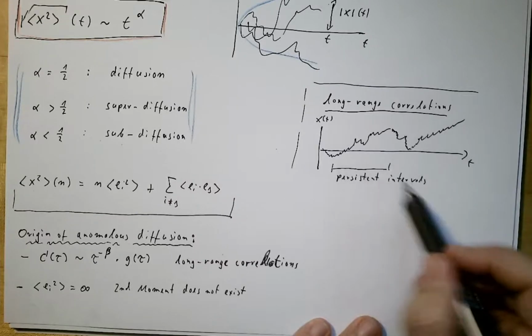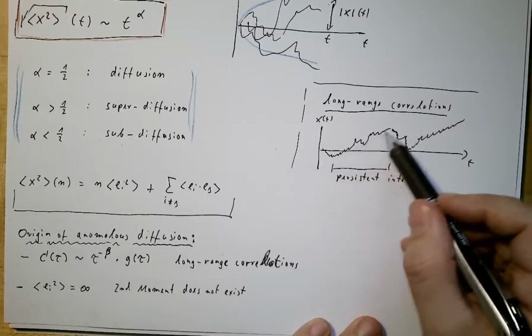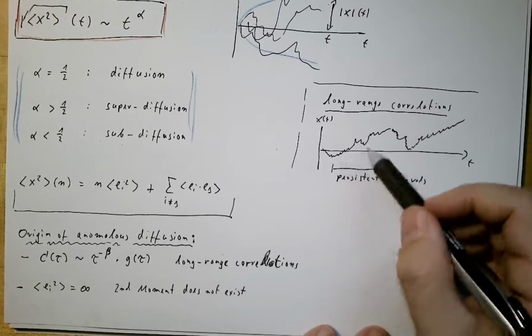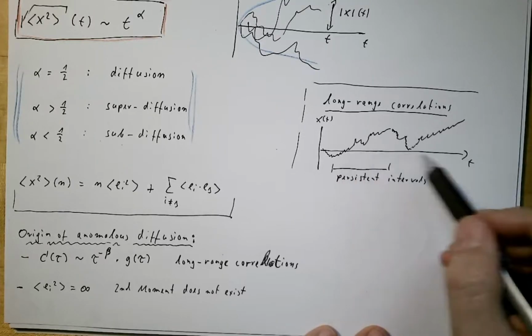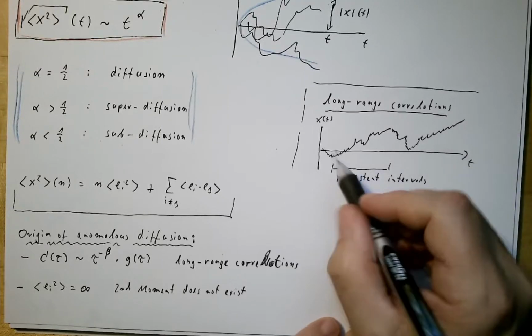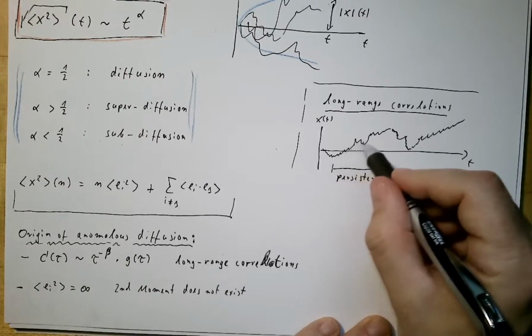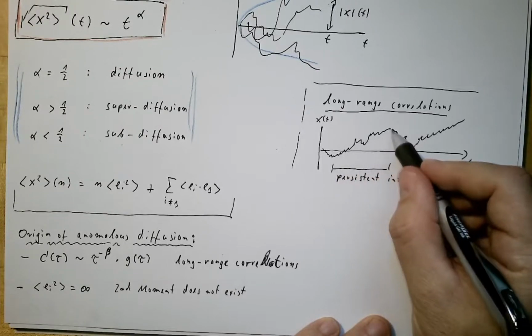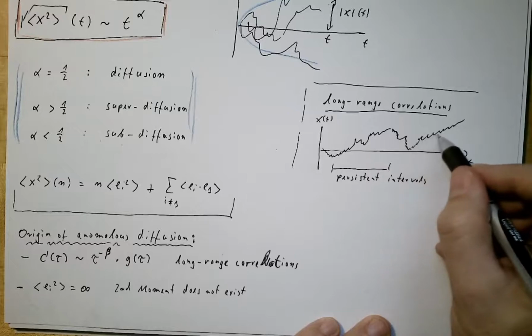So we find these persistent intervals if we have long-range correlations, but these correlations will be on all time scales. We have this persistent interval, then something else, and then the next persistent interval.